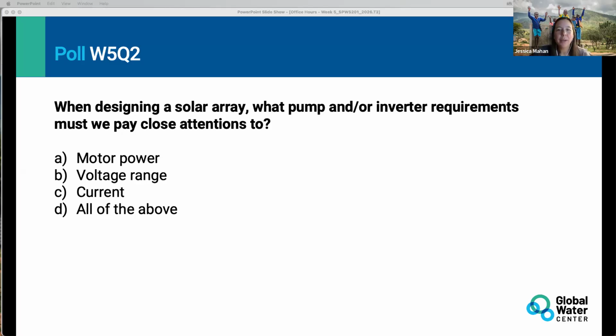As we go through the material today, and as you've seen in Unit 4, if you've already done that, each one of these will be affected as we add panels to our array, and that is what can help us decide how many panels to add and how to add them.